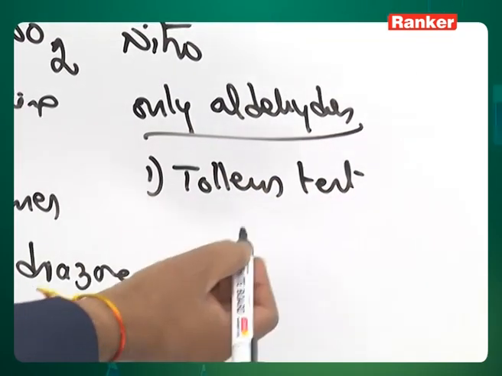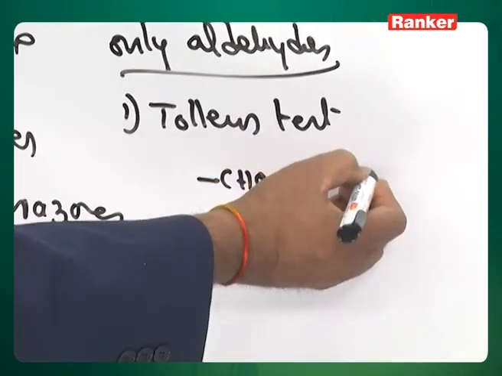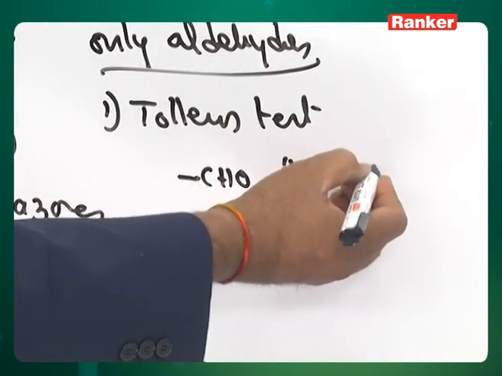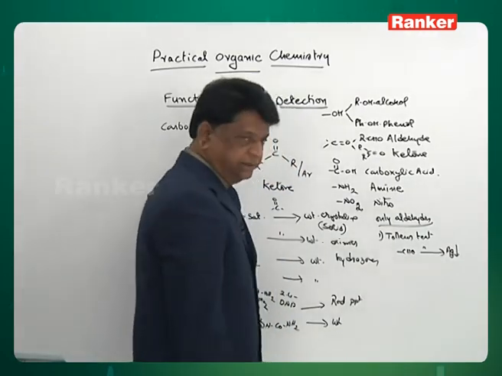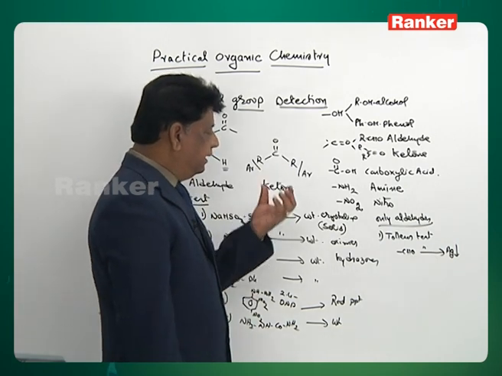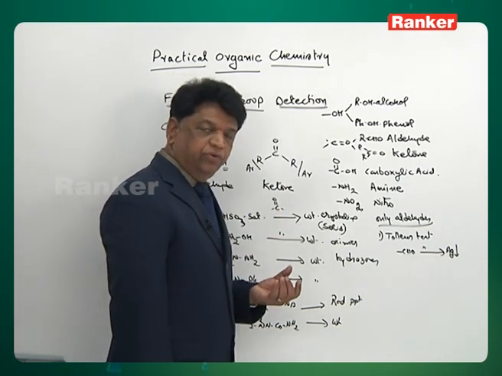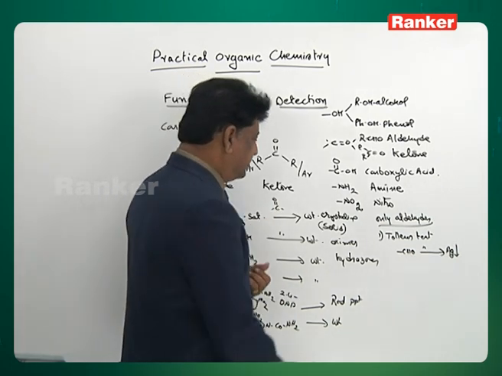Take only aldehyde, and then add the ammoniacal silver nitrate, this is Tollens reagent, you will get silver mirror formation. This test is also commonly known as the silver mirror test. Inside the inner walls of the test tube you find a mirror formation.